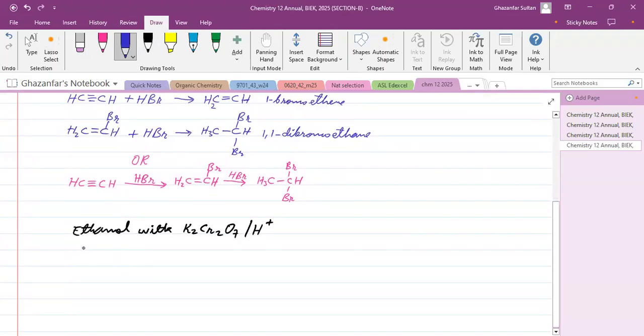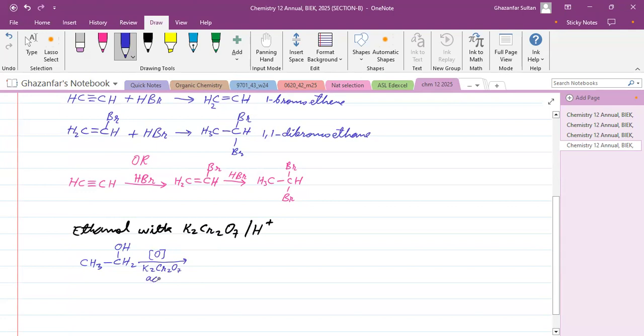So there is an ethanol molecule. What happens when this ethanol reacts with K2Cr2O7? It liberates oxygen, as it is an oxidizing agent, and you can write the reagent here, Cr2O7.